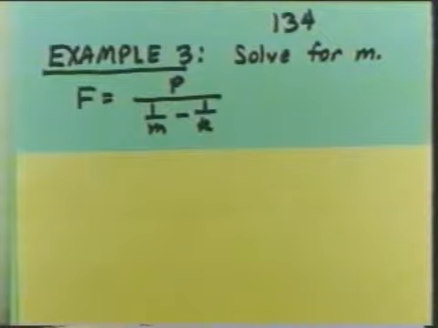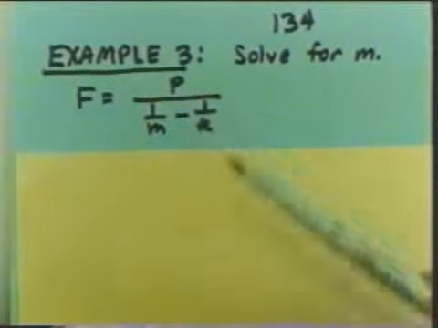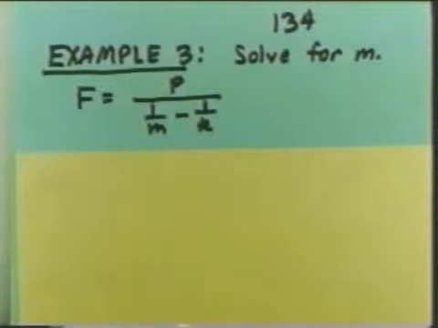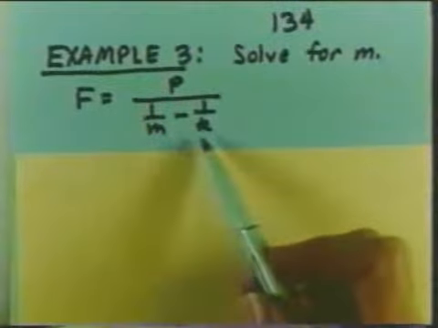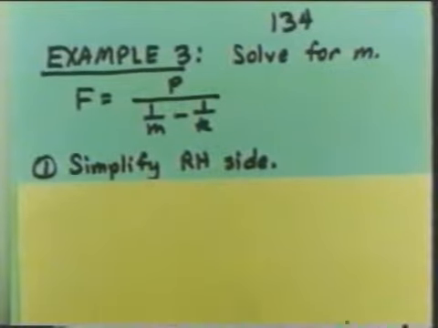You recall from working with complex fractions that we can simplify the complex fraction form by multiplying both numerator and denominator of the fraction by the common denominator for each part. This would be mk. So let's simplify the right-hand side.